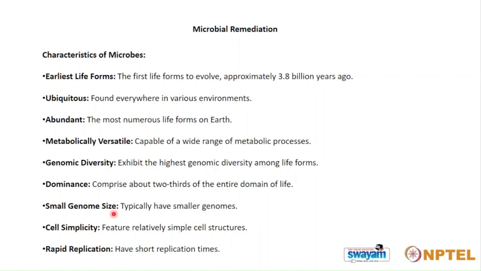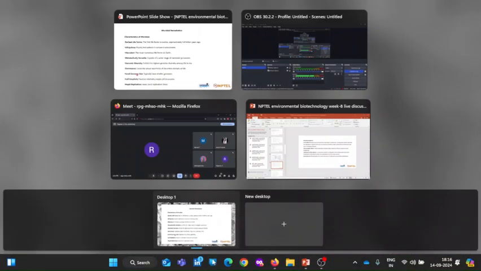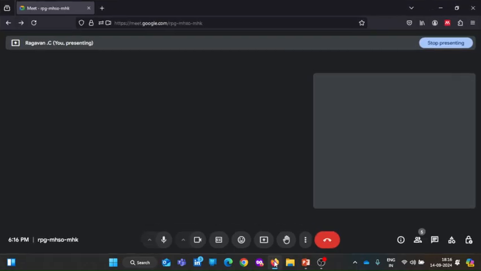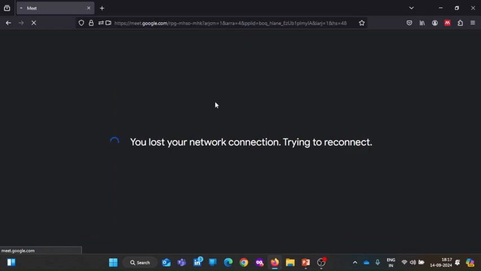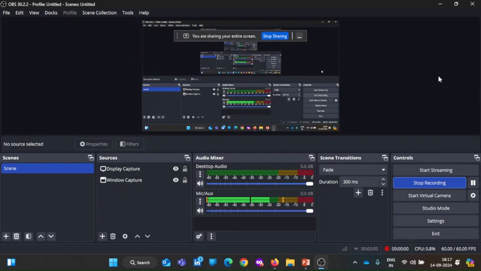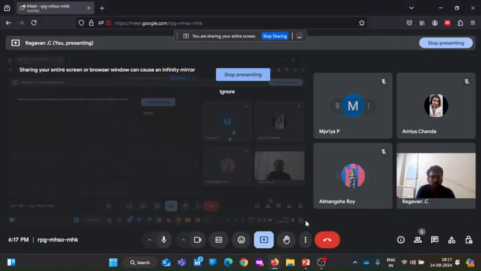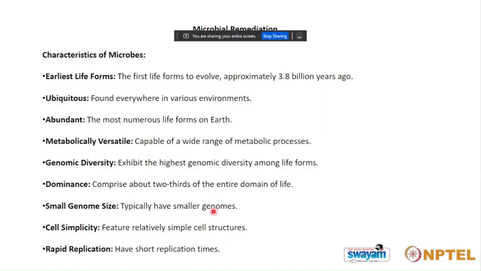And small genome size, and simplicity of the cell structures.